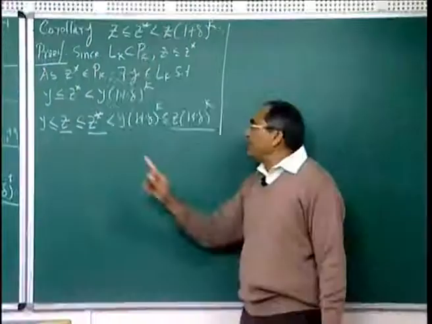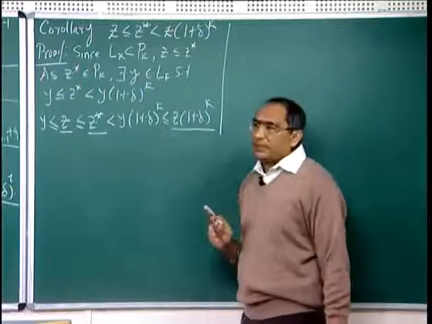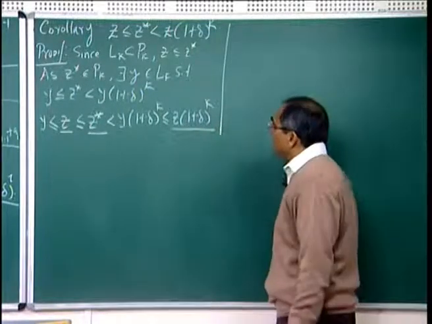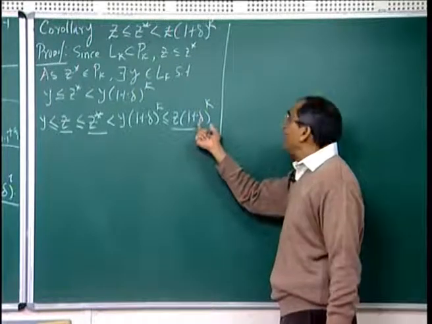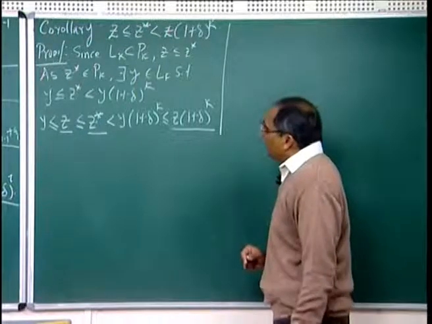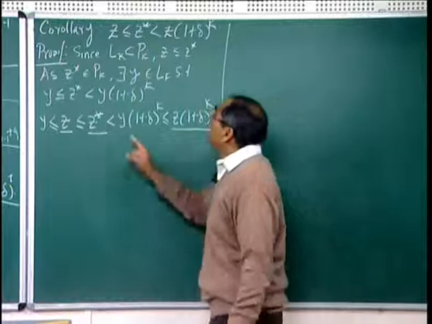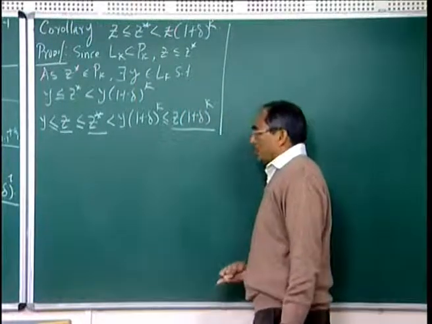Well, it indicates that Z star is not too far from Z. The gap can be at most 1 plus delta power k. So, now it is a matter of choosing the right delta, so that we can establish our objective, namely Z star by Z is bounded by 1 plus epsilon.